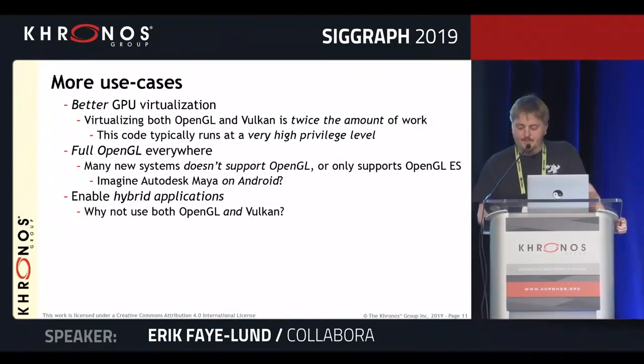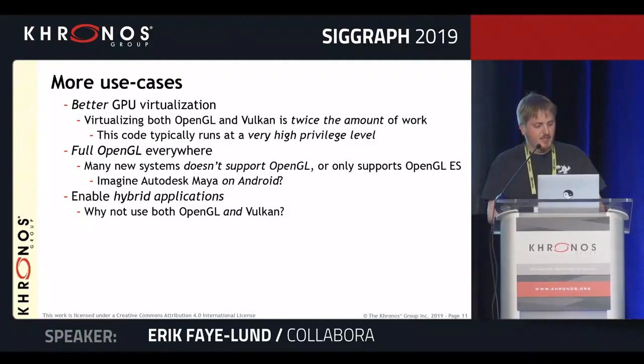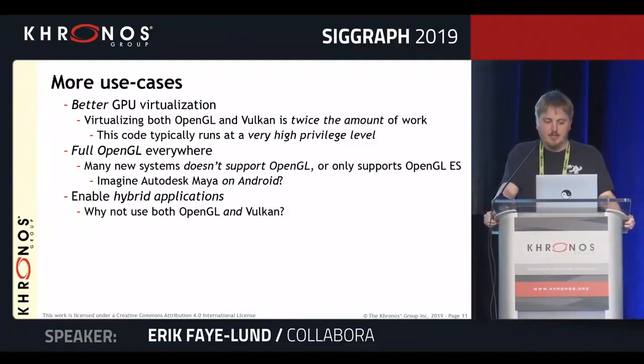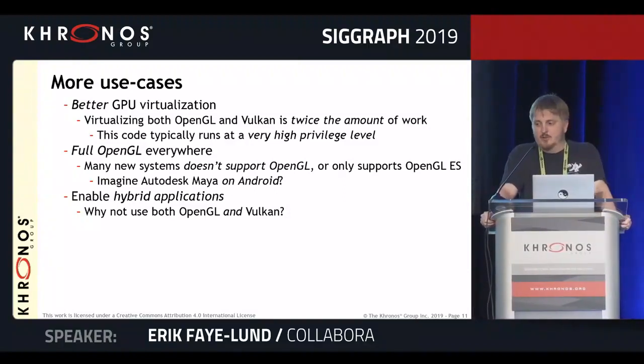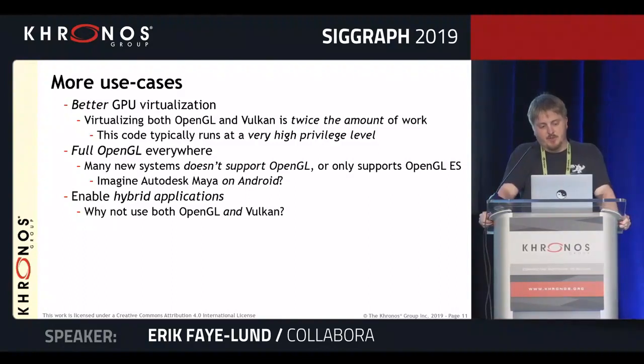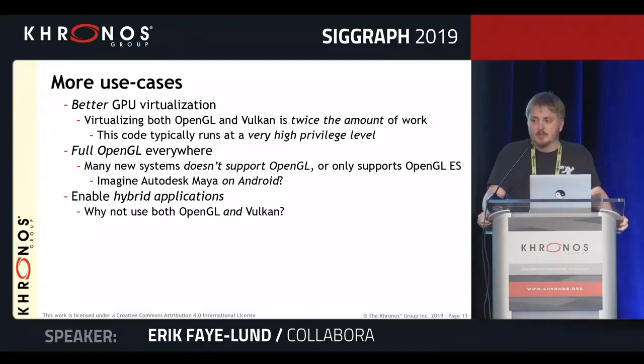Some of the more use cases here: what motivated me to start looking at this was working with GPU virtualization. If you're going to virtualize a desktop currently, you need to implement both virtualization for OpenGL and for Vulkan.